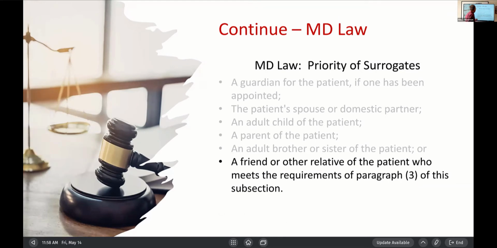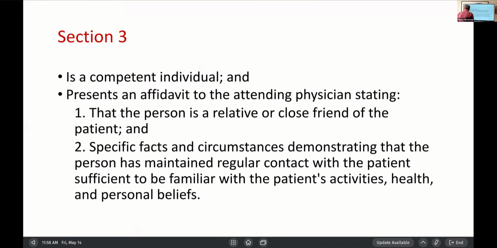Okay, so let's see what paragraph 3 says, or section 3.